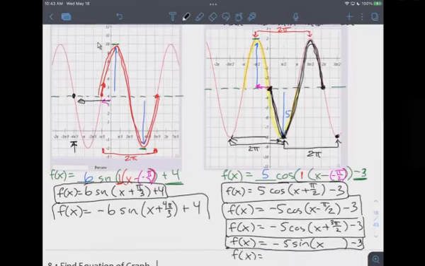If it didn't specify, I'd have 5 times the sine of x minus something minus the 3. And this would have been a phase shift of negative pi. So x minus a negative gives me a plus pi. Because it went from midline to positive, I'd have a positive sign in front of my amplitude. And so all of these would be correct answers that give you the equation of that graph.